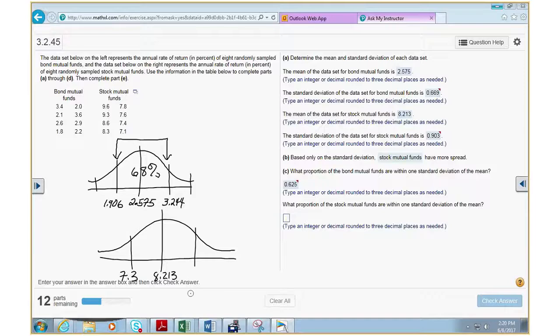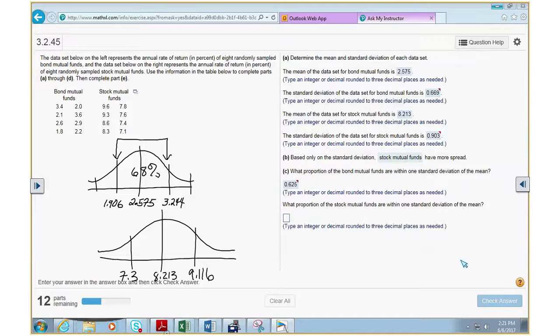And what's the high end? 9.116. All right, go back to the list right here and tell me how many are between 7.3 and 9.1. Okay, so it's still 5 out of 8. So what does that come out to be? So it would be 0.625, and they're going to ask you, what does that mean?